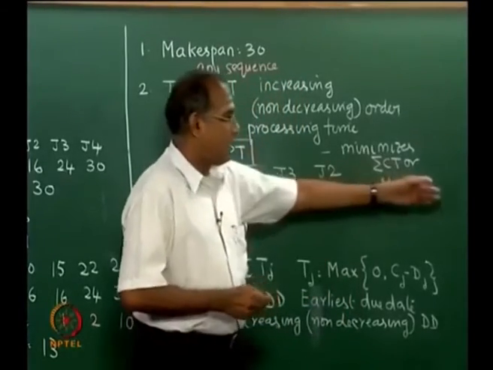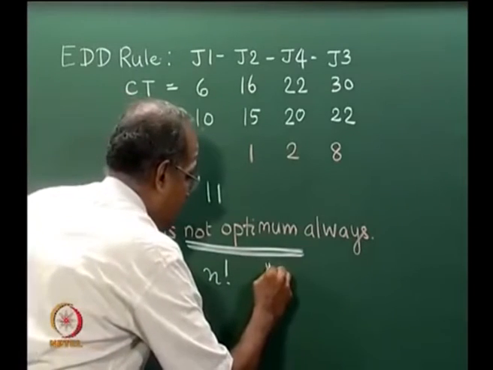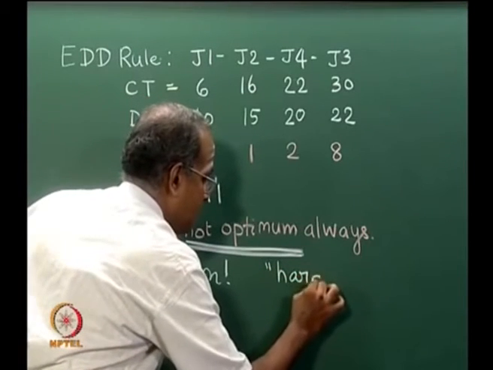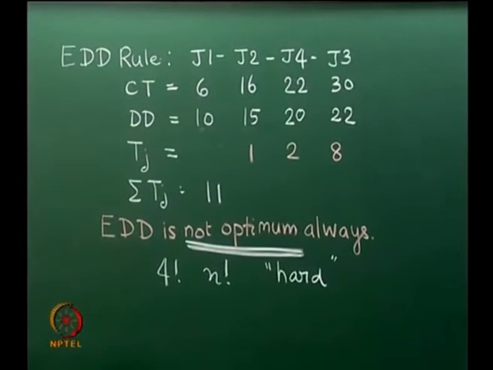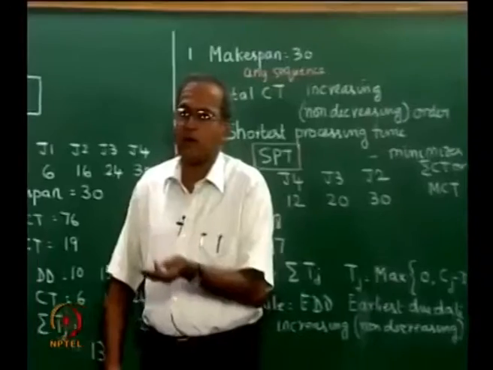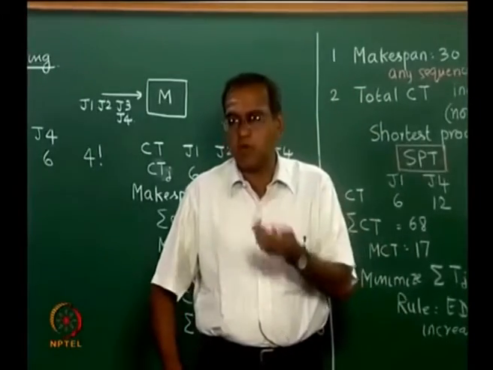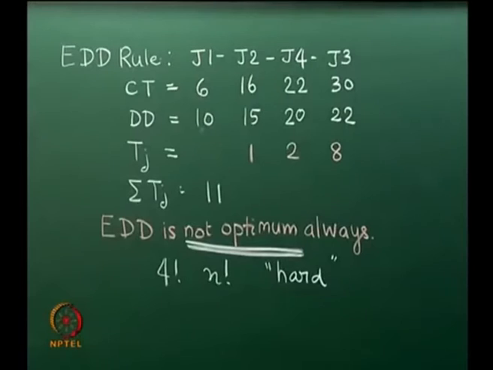But n factorial is very large, and these sequencing and scheduling problems become hard problems, particularly when the problem size increases. So far we have not found an algorithm that runs in other than n factorial, explicitly or implicitly, because the computational effort to find n factorial becomes exponential and very large as n increases.